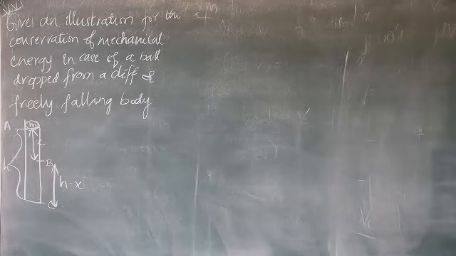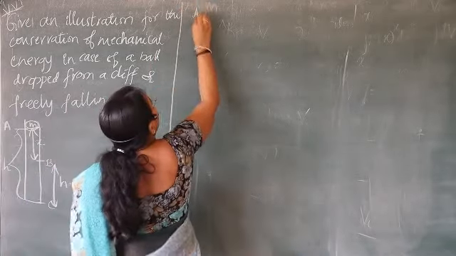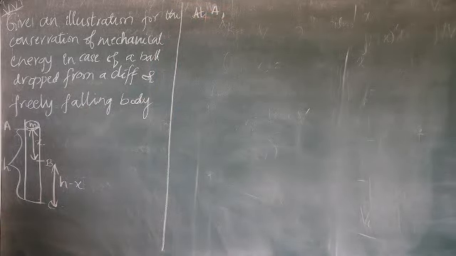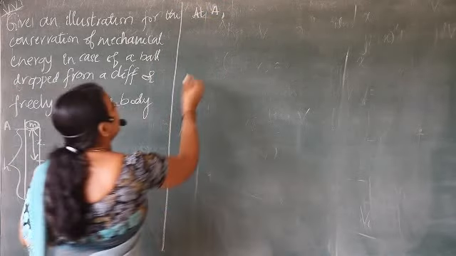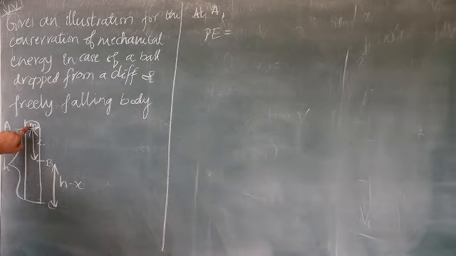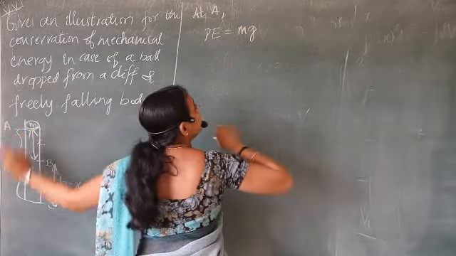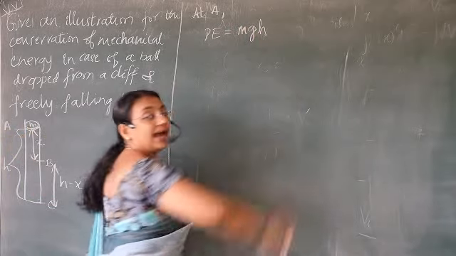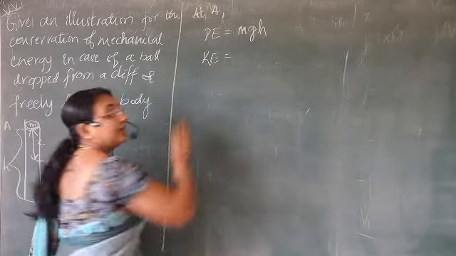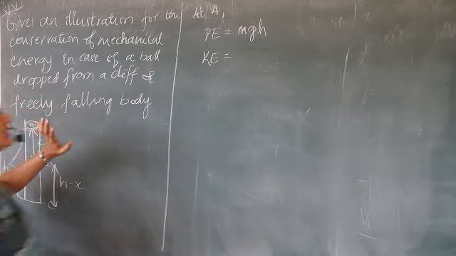Let us consider the point A. What is the potential energy at the point A? Potential energy at the point A is mgh. m is mass, g is acceleration due to gravity, height is h. What about the kinetic energy? When it is at the point A, it is at rest, so it is not moving.